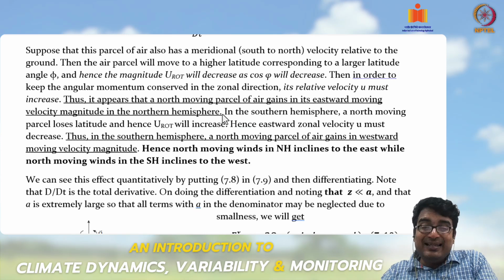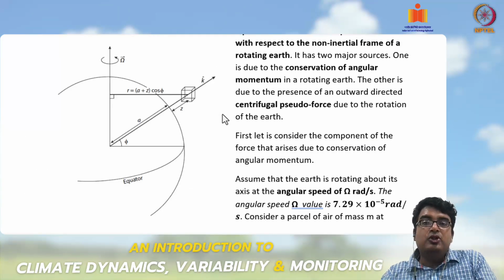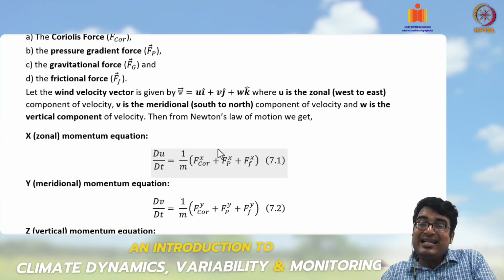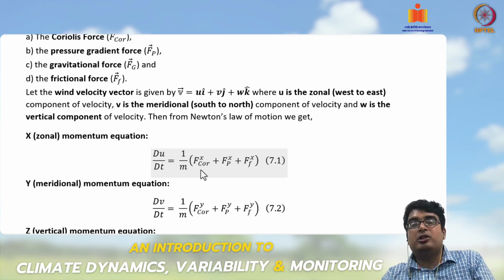So this increase is basically being seen in terms of the Coriolis force. If you go back down here, this u, the zonal velocity with respect to the ground, is increasing as the parcel moves northwards, and this is explained in terms of a pseudo force, which is the Coriolis force.